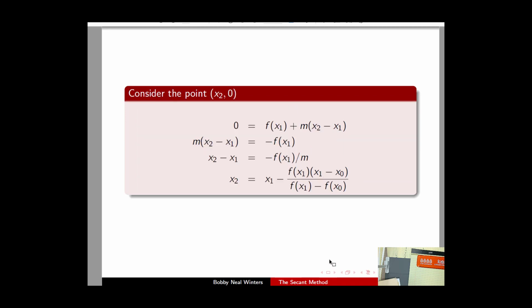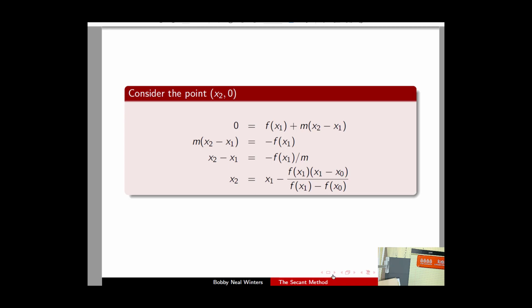We then, as we did before, ask where this line intersects the x-axis, setting y equal to 0. We then solve, and we obtain that x2 is equal to x1 minus f of x1 times x1 minus x0 over f of x1 minus f of x0.